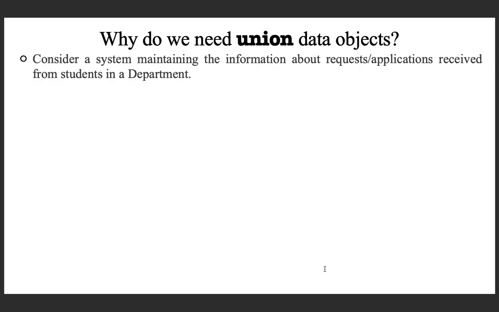Consider a system maintaining the information about requests or applications received from the students in a department. Suppose the computer science department wants to maintain the details about the applications submitted by the students for various certificates and so on.